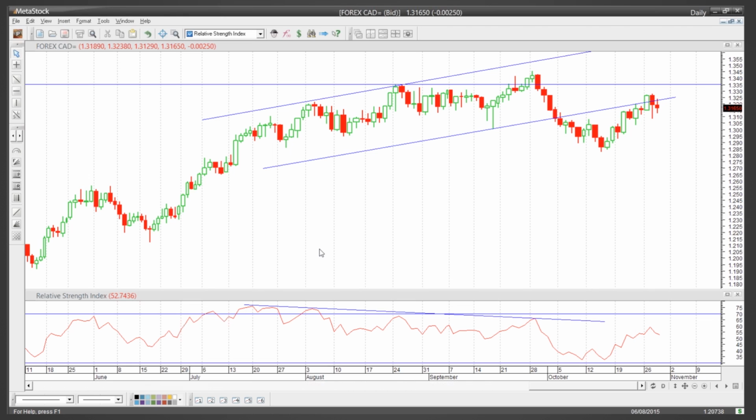However, in terms of discussing possible scenarios, we want to reference the methods that we just looked at and see if we can identify opportunities. And so we can see that there were clear shorting opportunities in the dollar CAD from the breakdown from the double top with the bearish RSI divergence, and from the breakdown of the bullish channel with the bearish RSI divergence.